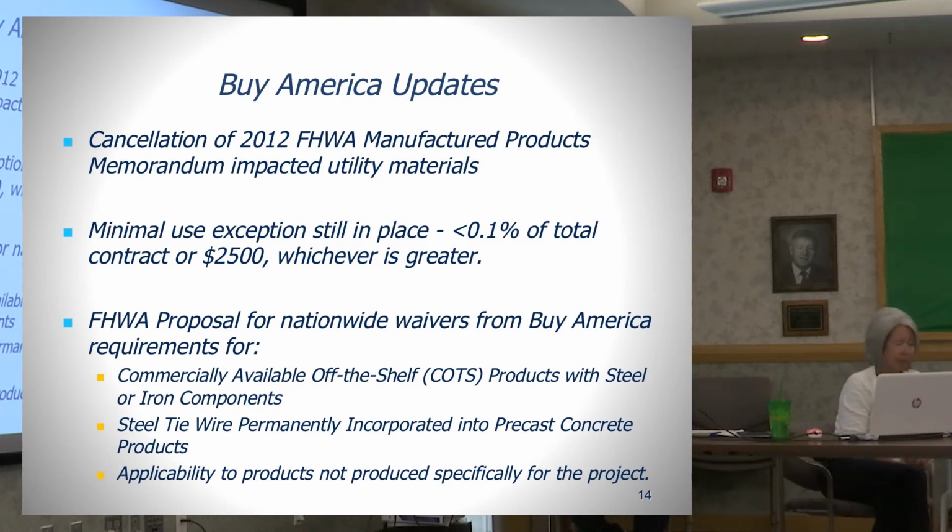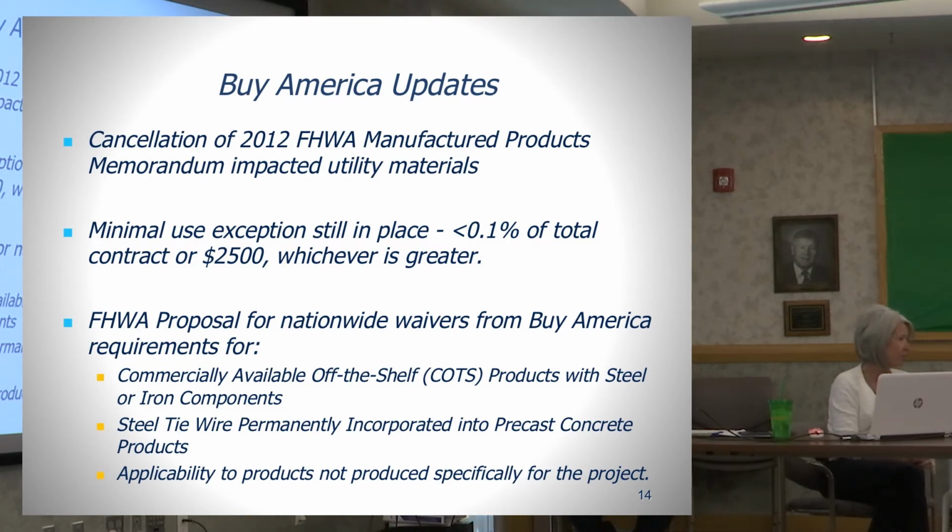But also, FHWA submitted a proposal for a nationwide waiver from Buy America for what they're calling commercially available off-the-shelf products with steel and iron components. Similar in concept to what the clarification memorandum had tried to address.